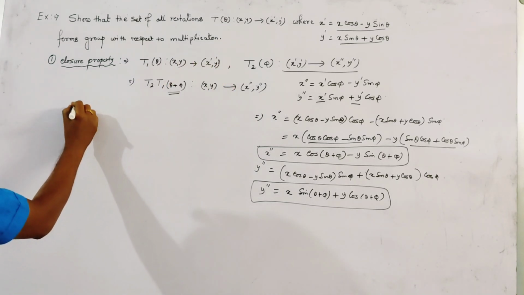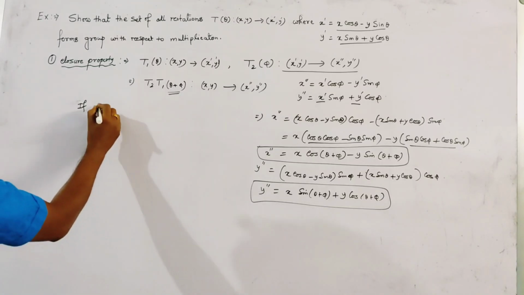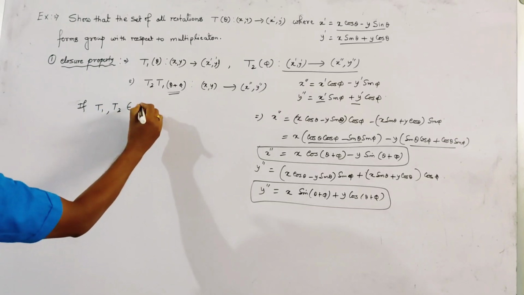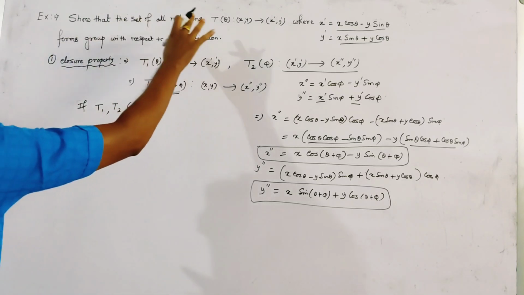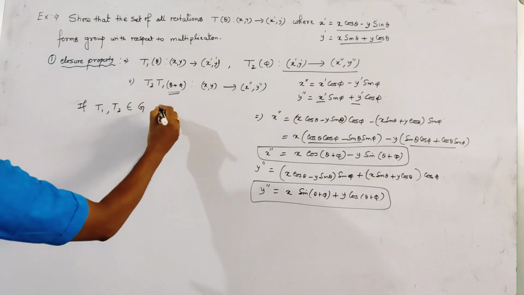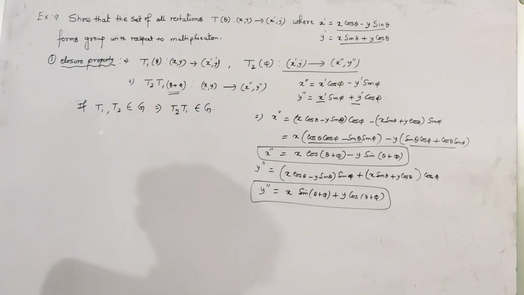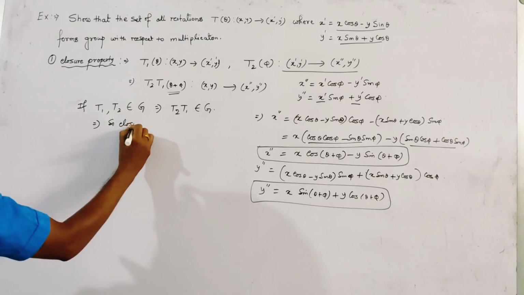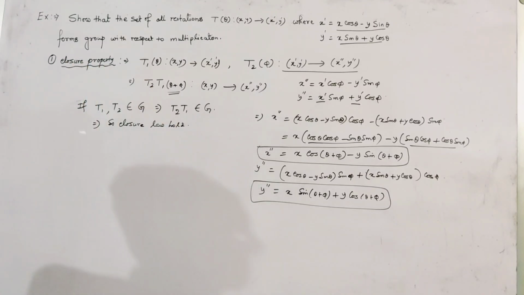That is, if T1 and T2 belong to the set G, let G be the set of all rotations, then T2 composition T1 belongs to G. So the closure law holds. This is the first property of a group.